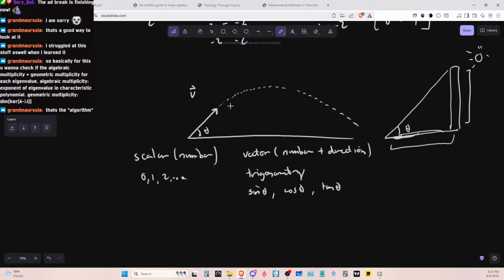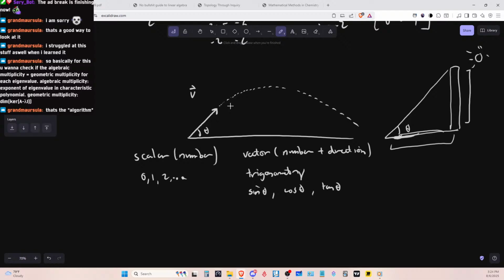Well, it depends on what you're going to get into. For me, I like physics, so the reason I think vectors are important is that they describe how forces behave. There are things called vector fields, where you have a bunch of vectors acting in a specific area of space.